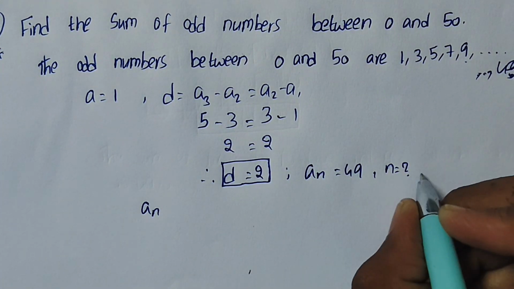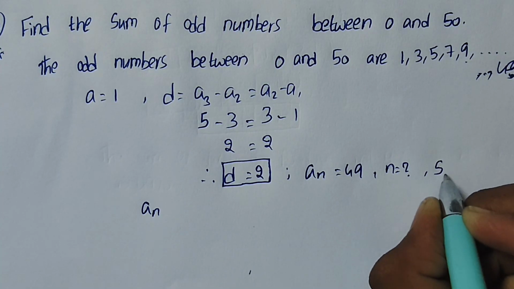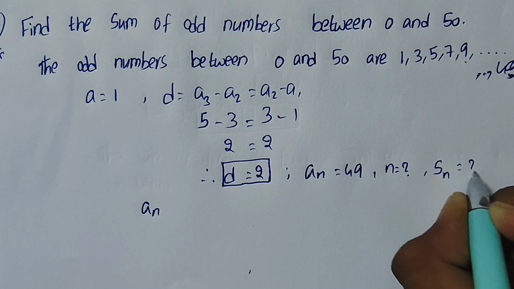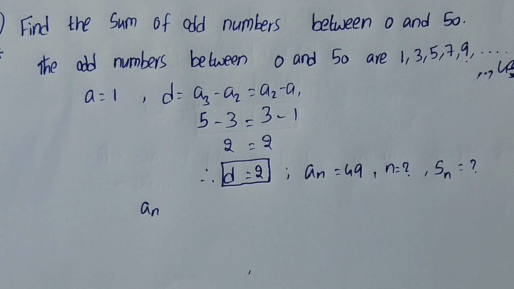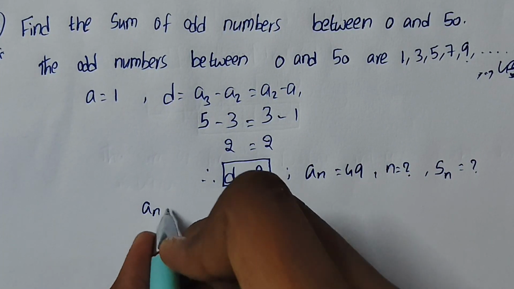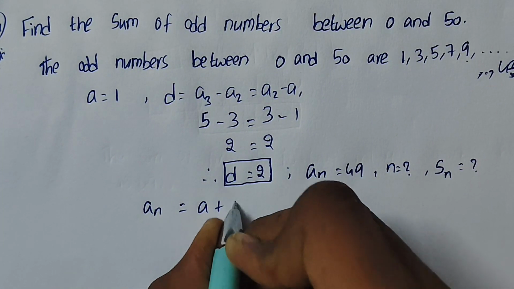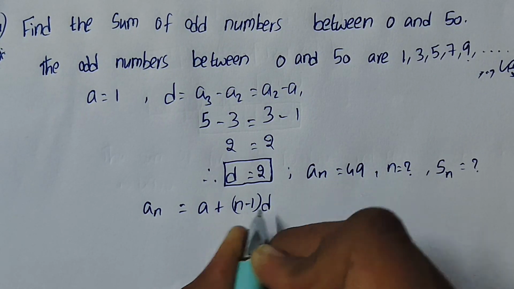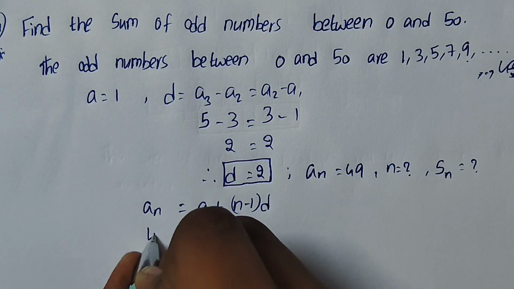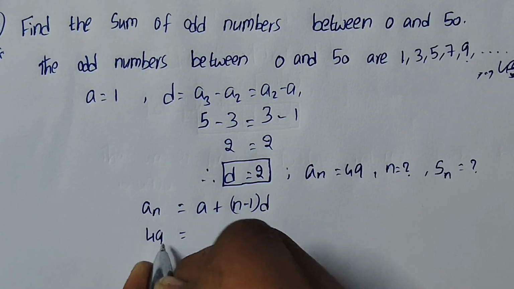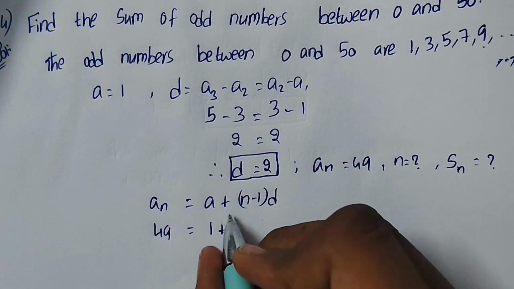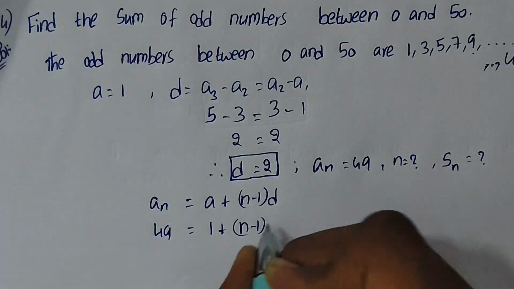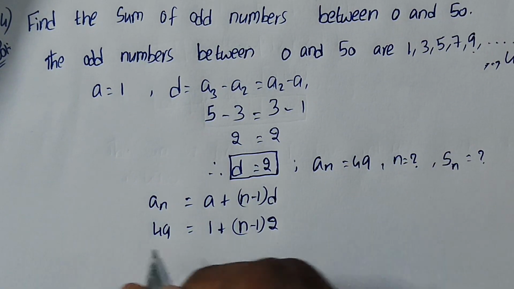After getting the value of n, we have to find Sn, which means the sum of odd numbers between 0 and 50. The formula for an is a plus n minus 1 into d. The value of an, the nth term, is equal to 49. The value of a is 1 plus, n we don't know, so n minus 1 into the value of d is 2.